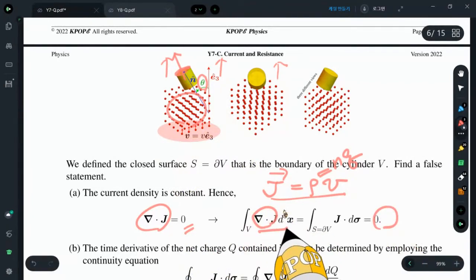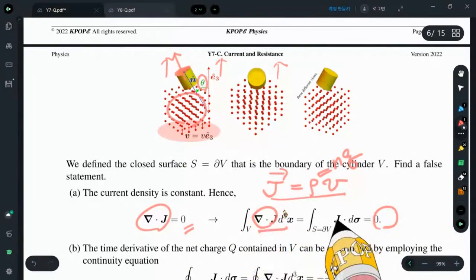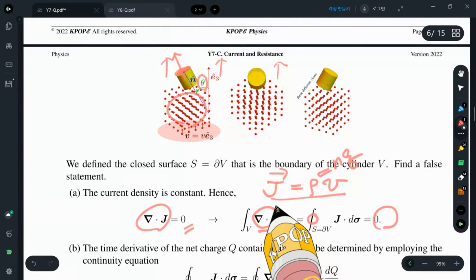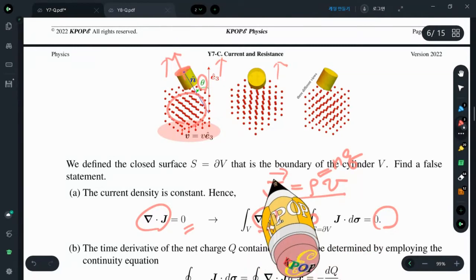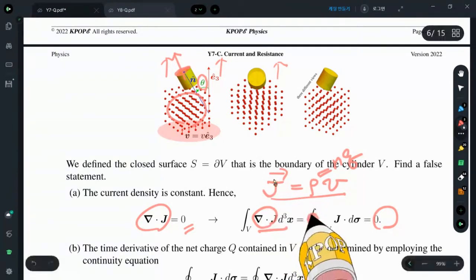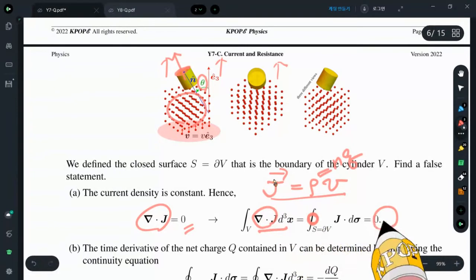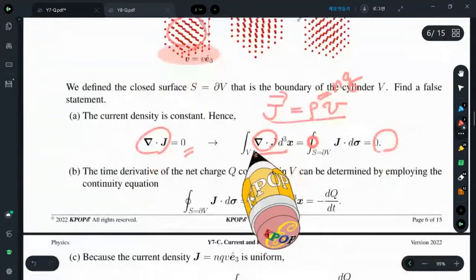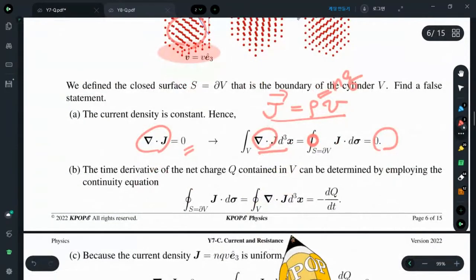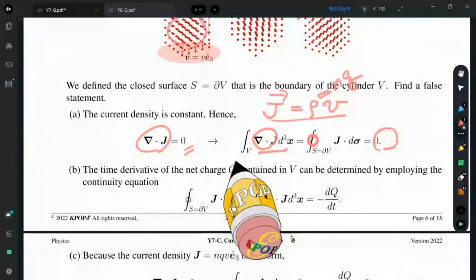And according to divergence theorem, this is the surface integral. This closed surface integral, we should put this circle. It is 0. That's right. And then time derivative of charge q.